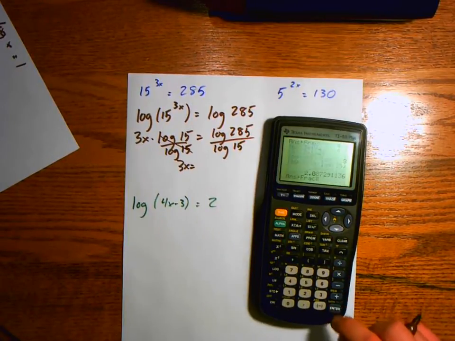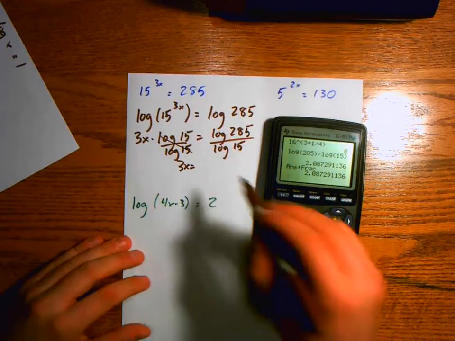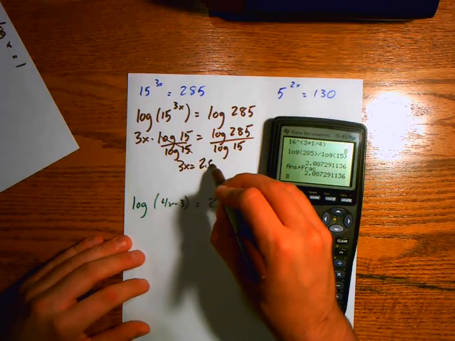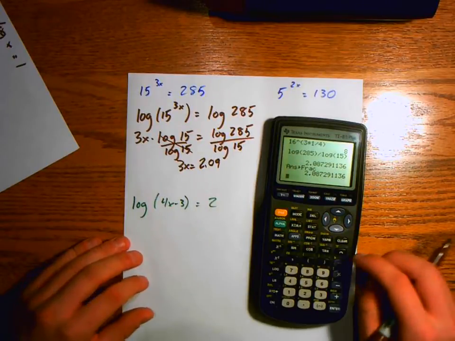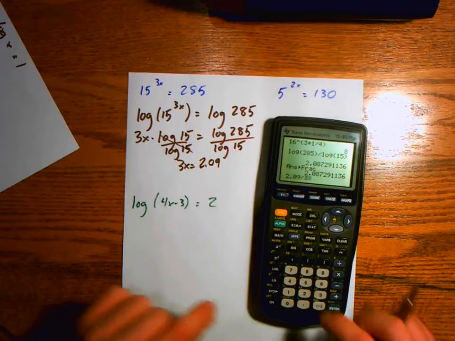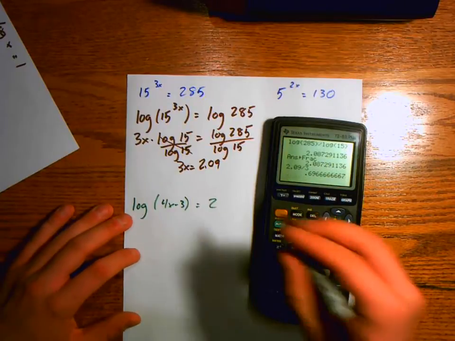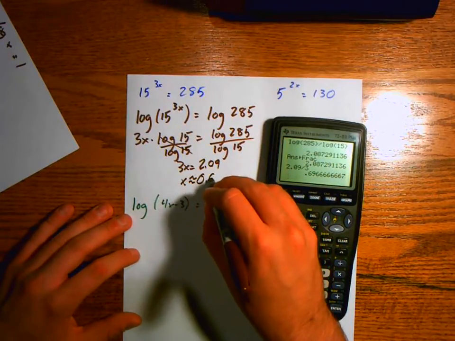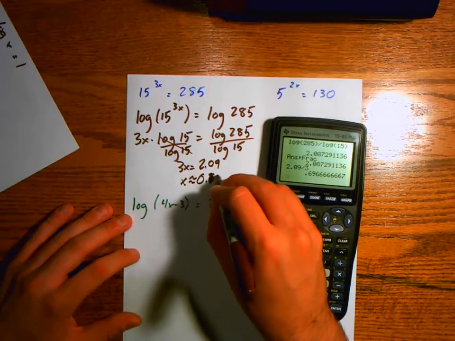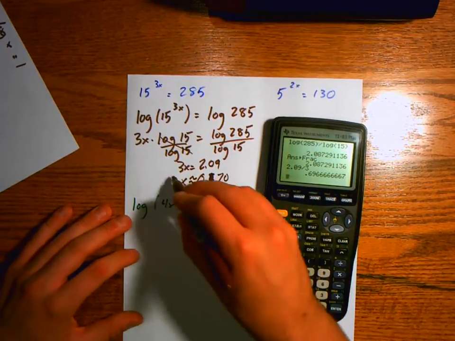And I'm going to see if I can make this a fraction. Nope, so I'm going to round this decimal to the nearest hundredth. It's going to be 2.09, and divide everything by 3. It's going to give me an answer of approximately 0.70, rounding it to the nearest hundredth.